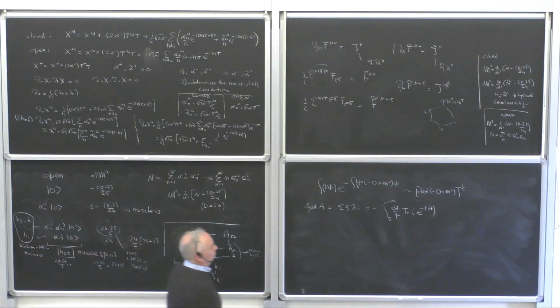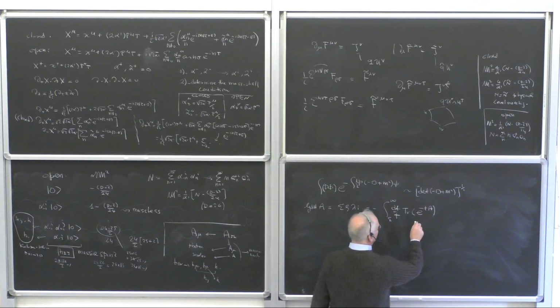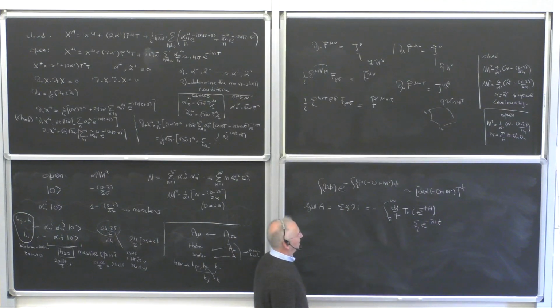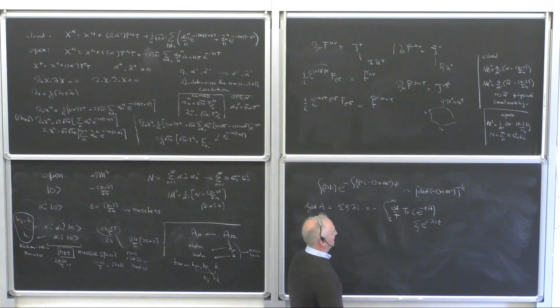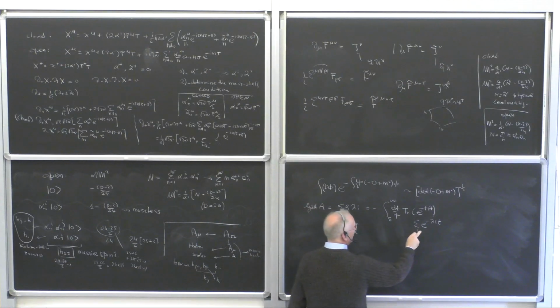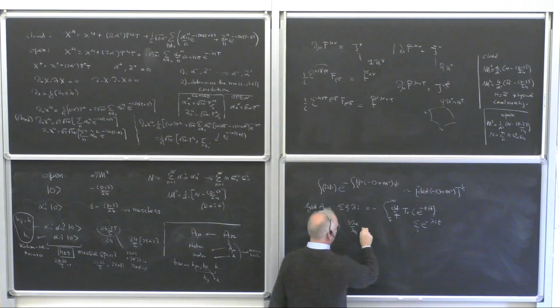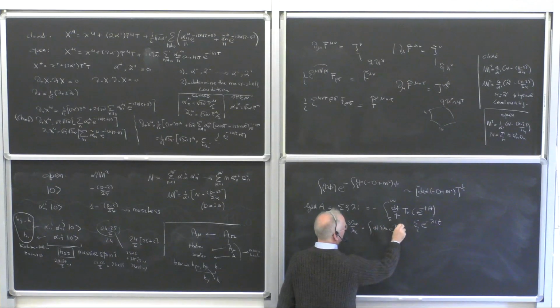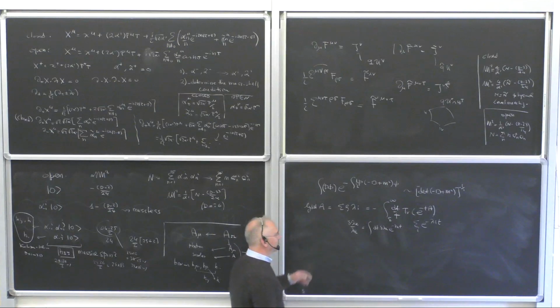The reason is the following: this expression here is the sum of e to the minus lambda_i t, and if I differentiate both sides with respect to an eigenvalue, say lambda_k, here I get delta lambda_k over lambda_k, and here I cancel the 1 over t, and I get the integral dt delta lambda_k e to the minus lambda_k t, which is exactly the same expression.